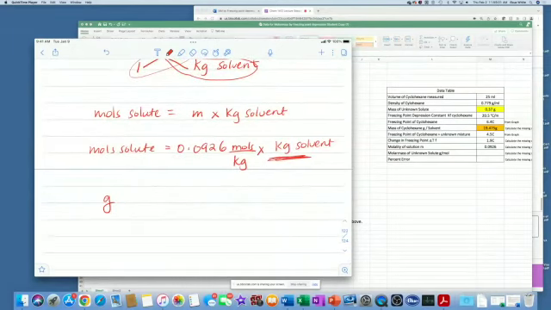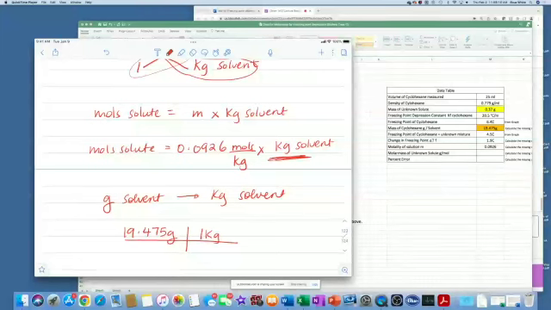So I'm going to go from grams of solvent to kilograms of solvent. 19.475 grams, convert this to kilogram. It's going to be 1 kilogram over 1,000 grams. Let's see. Calculator.